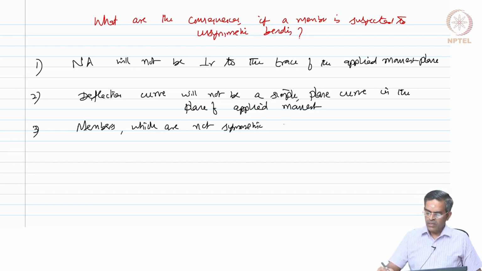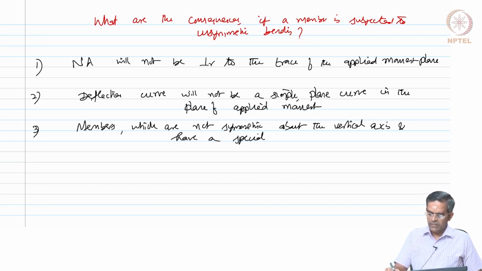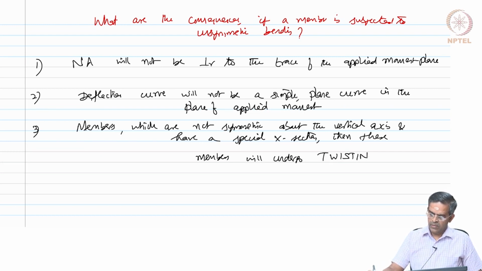So, members which are not symmetric about the vertical axis and have a special cross section, then these members will undergo twisting under transverse loads.